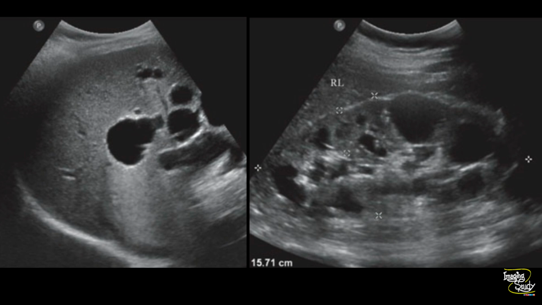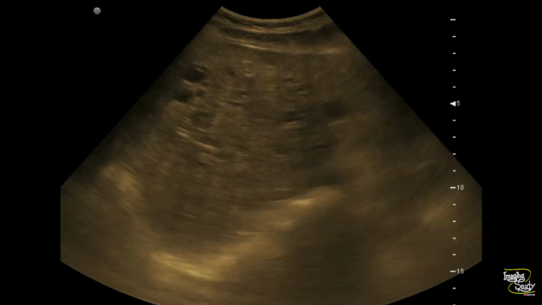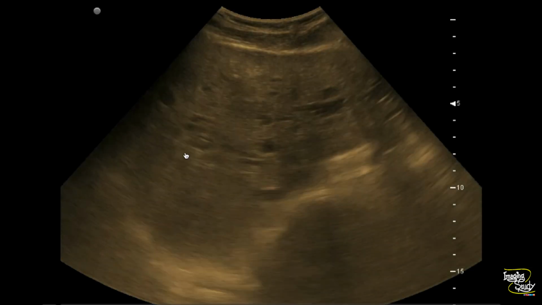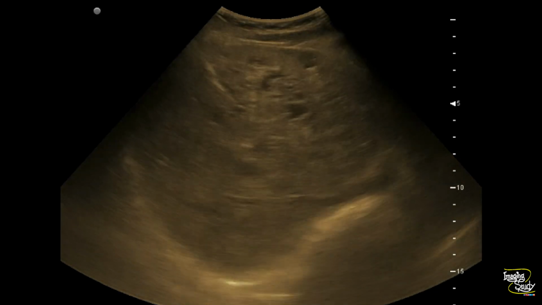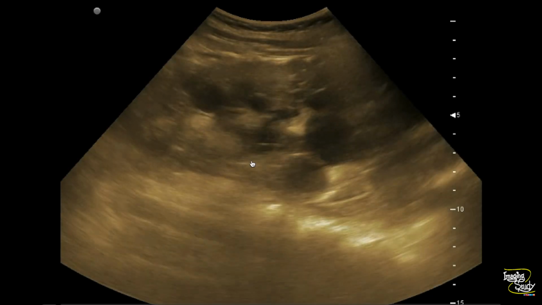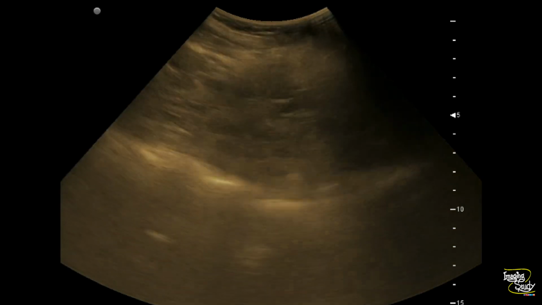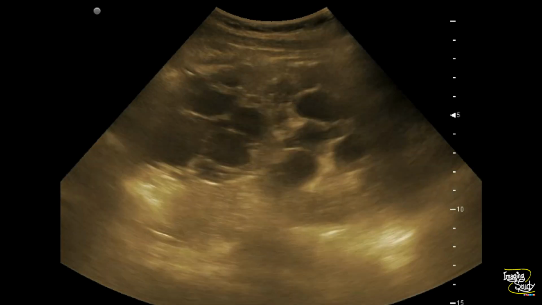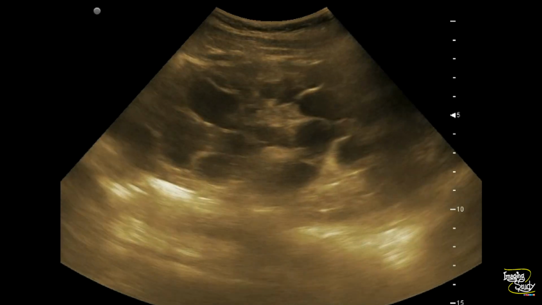Here's one of my cases, and you can see multiple cystic structures distributed throughout the liver parenchyma. This is the right kidney showing a diffuse cystic change with an enlargement of size. So this patient was a case of autosomal dominant polycystic disease.